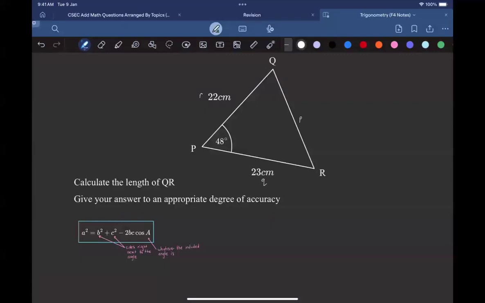What sides do we know in this question? Small r and small q. So you're going to replace the B and the C with r and q.